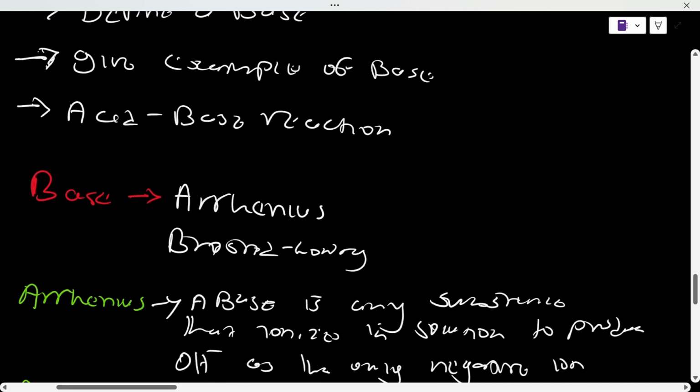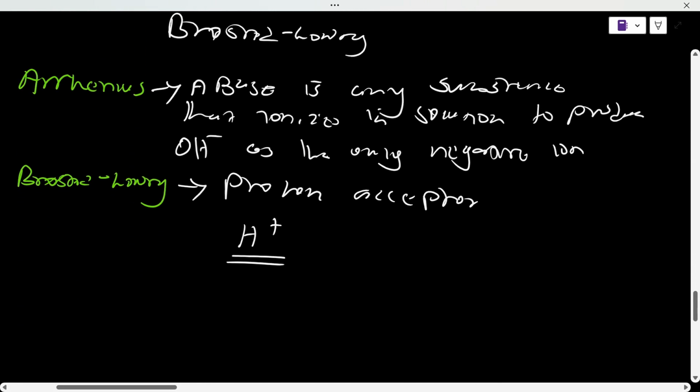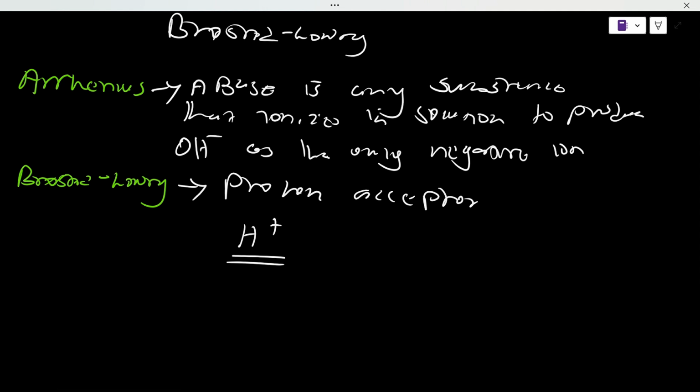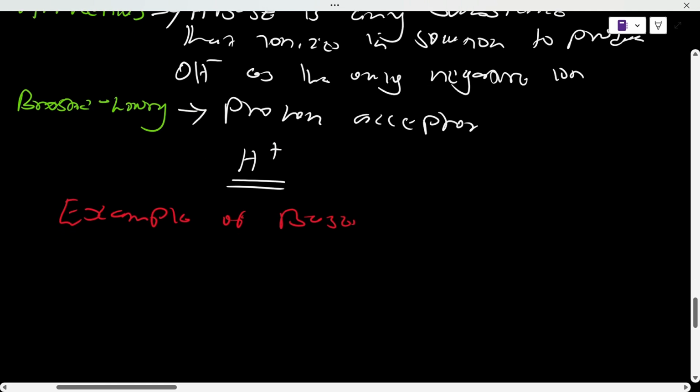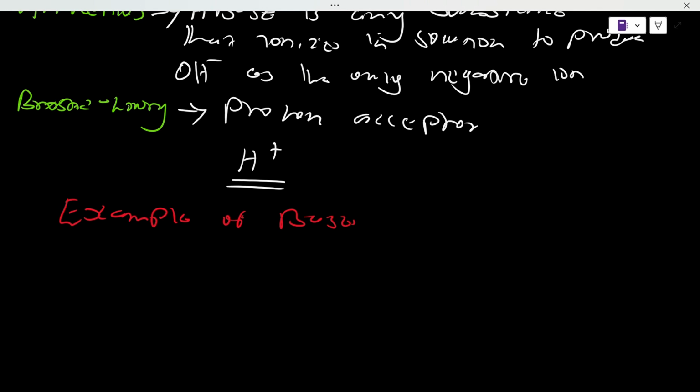Now, examples of bases. Most bases are formed when metal oxides of group 1 and group 2 dissolve in water.